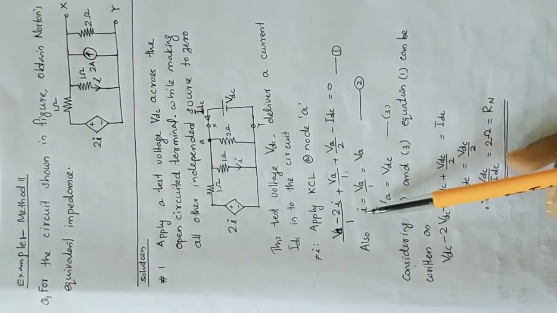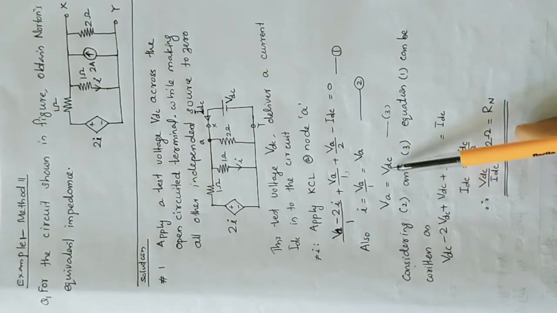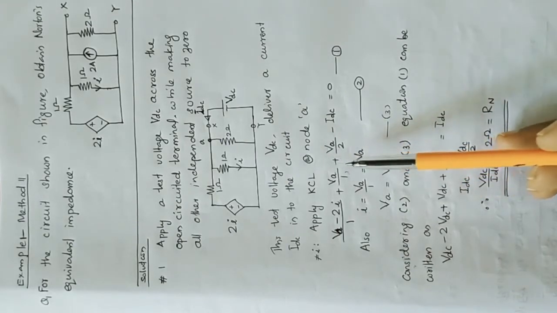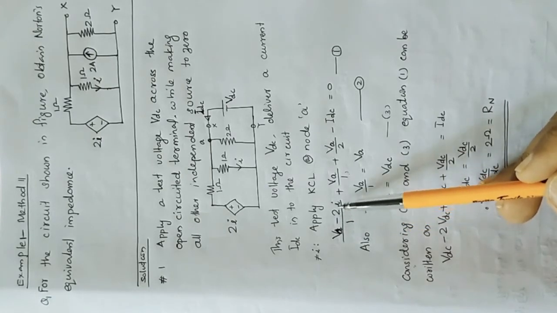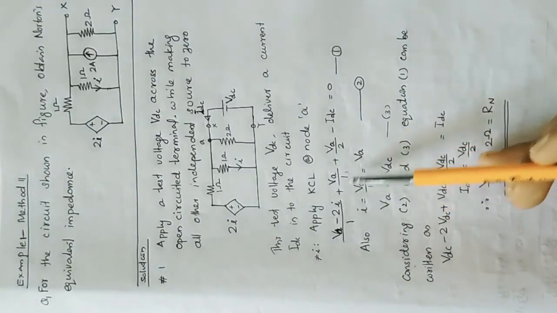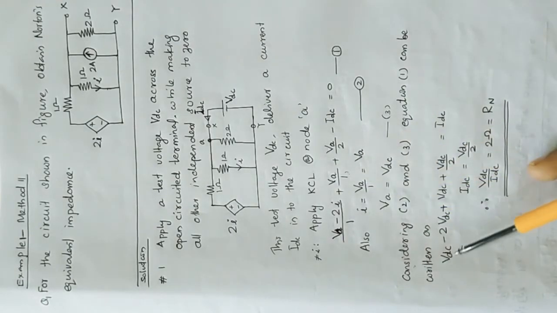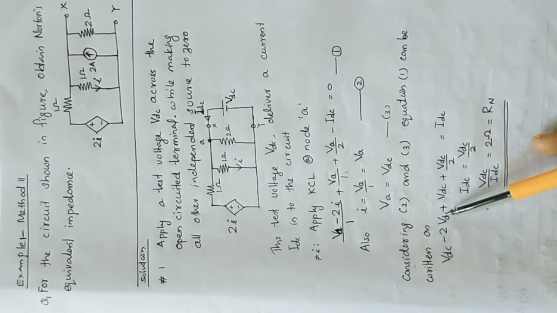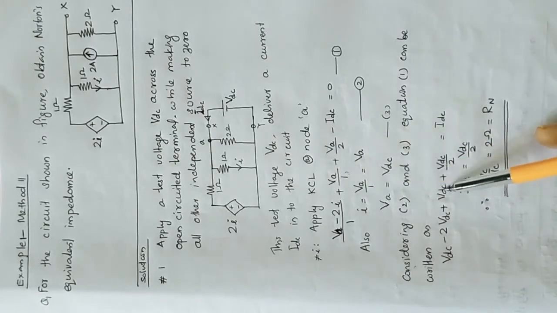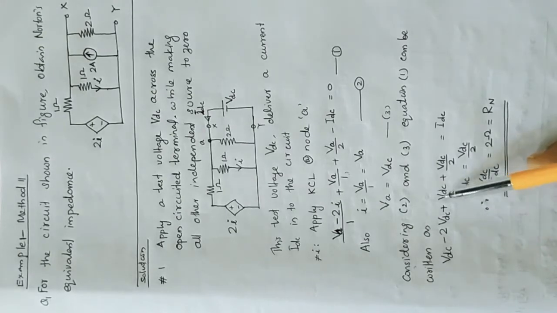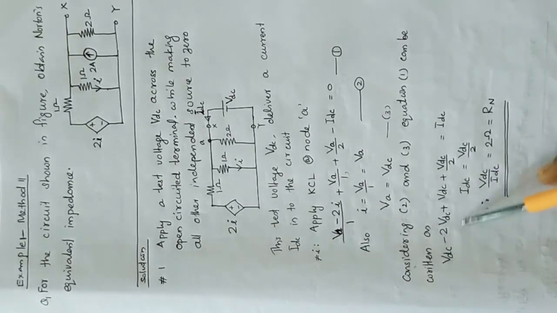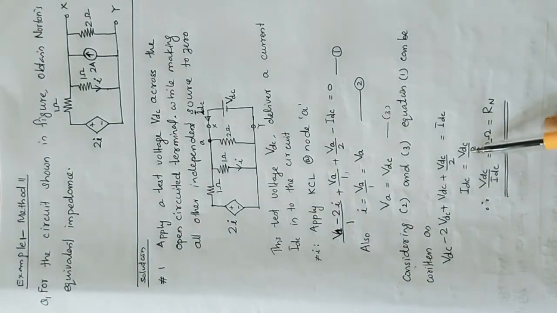Applying I equal to VA and VA equal to VDC in equation number 1, it becomes VDC minus 2 into I, and 2 into I is 2 into VA. So VDC minus 2 VDC plus VDC, plus VDC by 2, is equal to IDC. The VDC and 2 VDC minus 2 VDC terms cancel, so this entire part becomes 0. So the final expression is IDC is equal to VDC by 2.